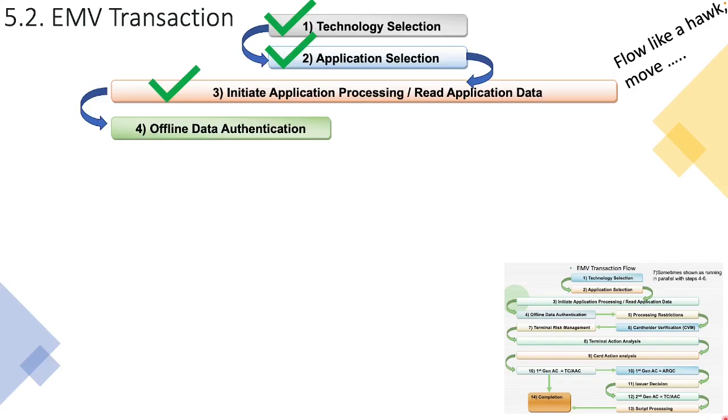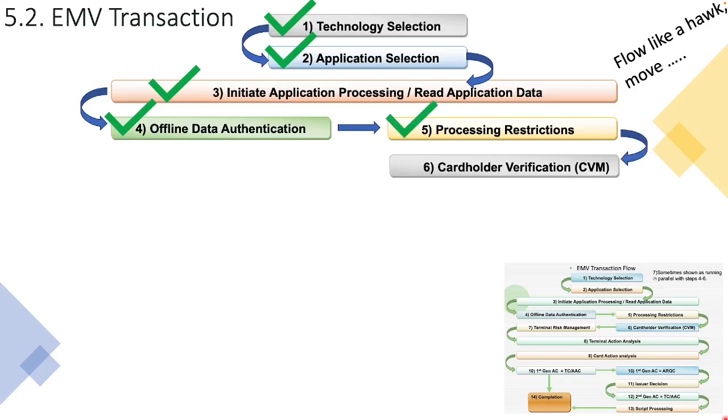We then went through a process that the terminal conducts to verify that the card is genuine. We then went through a process where the terminal checks the conditions of the transaction to see if the transaction is valid. Thereafter, the terminal processes CVM to check that the person attempting to use the card is an authorized cardholder.